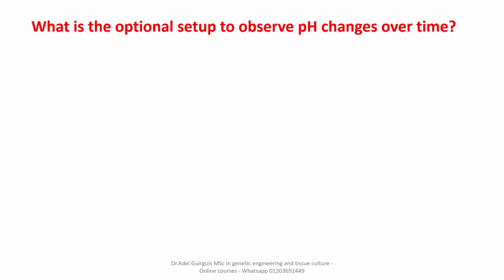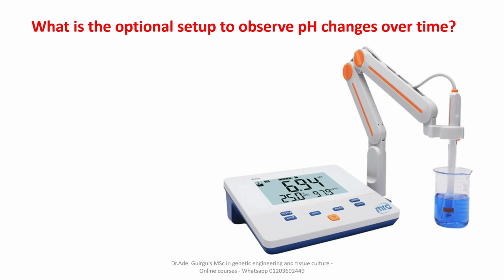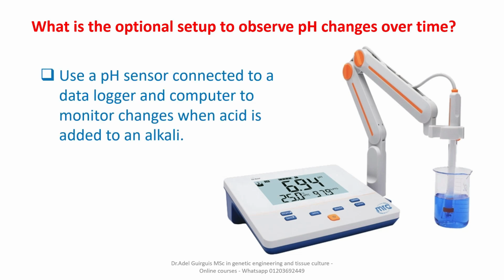What is the optional setup to observe pH changes over time? Here we can improve the apparatus used, like this device, the same pH meter but connected with an electronic computerized device called a data logger. We can connect it to show changes over time.